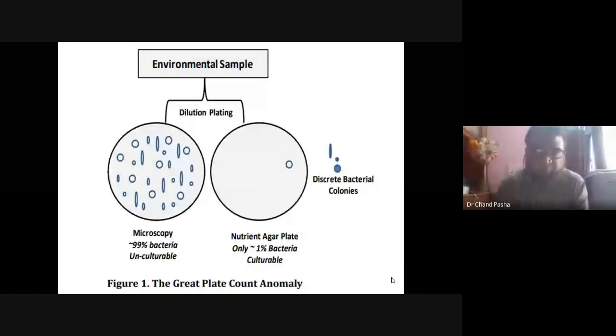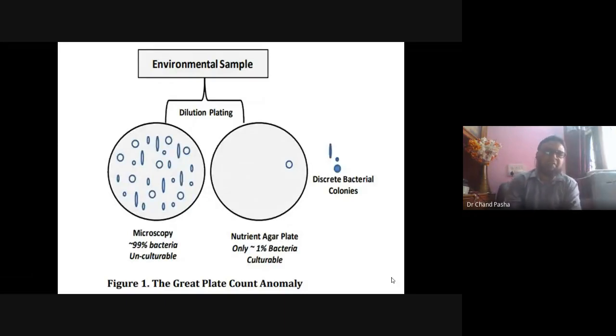Even if non-settled artifacts like dust are there, we stain with nuclear staining dyes like acridine orange or ethidium bromide. Acridine orange stains only your DNA, not the cell.